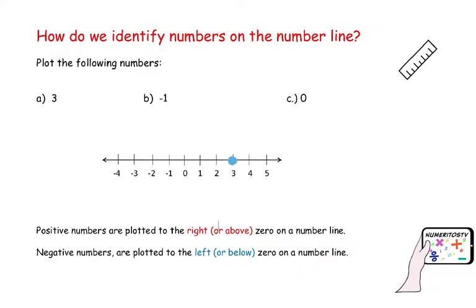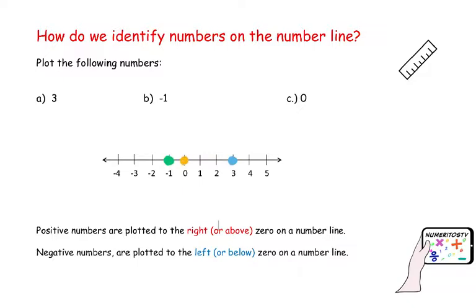I am going to plot a dot on 3, exactly on the crossing line, to represent 3. -1 will be to the left of 0. -1 will be positioned on this side. And 0 is exactly in the middle between the positive and the negative numbers.